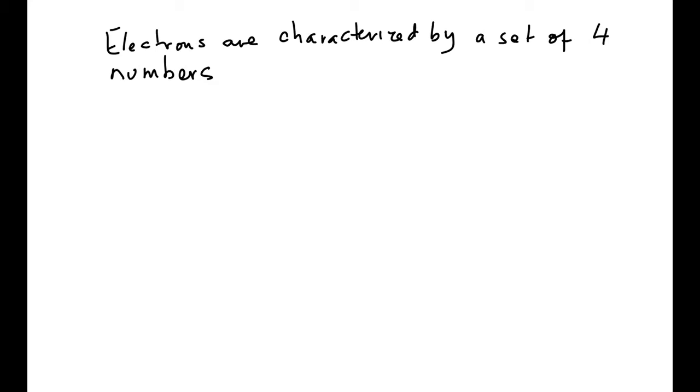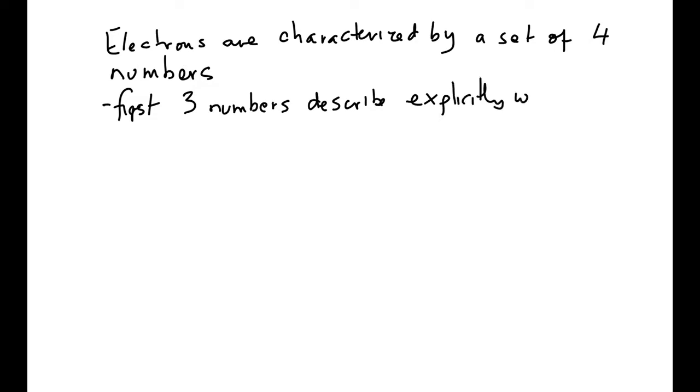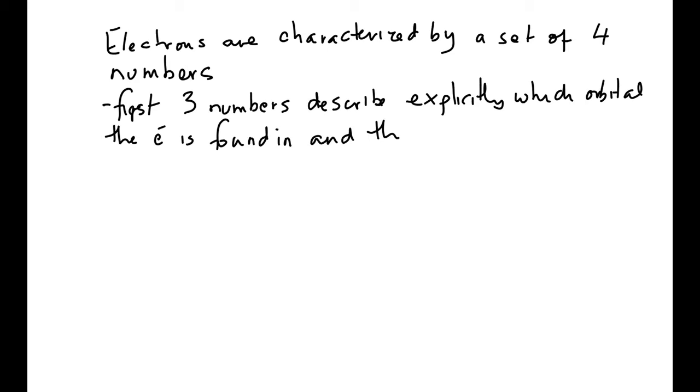The first 3 numbers describe explicitly which orbital the electrons are found in, and the first 2 by themselves identify the type of orbital.